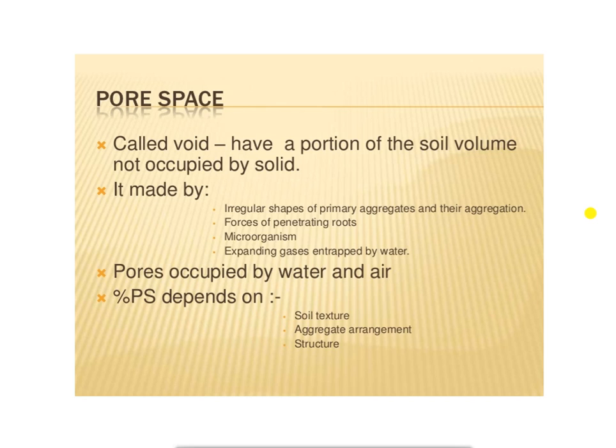The pore space percentage depends on soil texture, that is the relative proportion of sand, silt, and clay, then aggregate arrangement, that is flocculation, also called soil structure, the arrangement of aggregates of sand, silt, and clay in the soil.